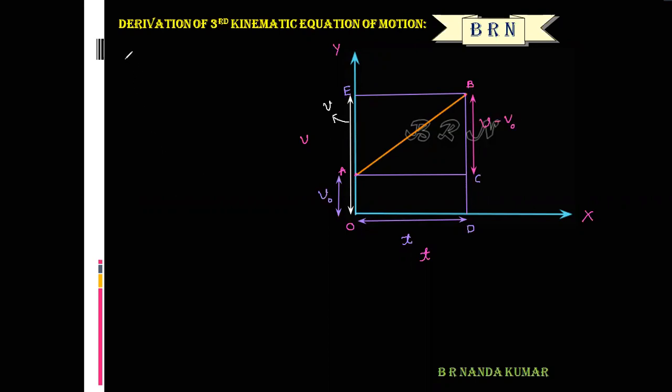Okay, so here is the average velocity of the particle, that is v bar.